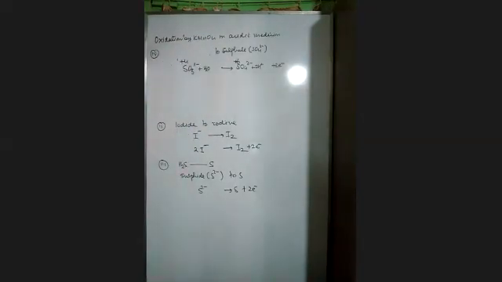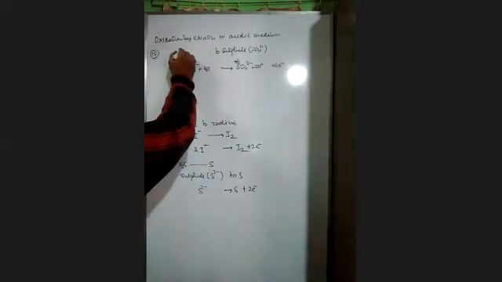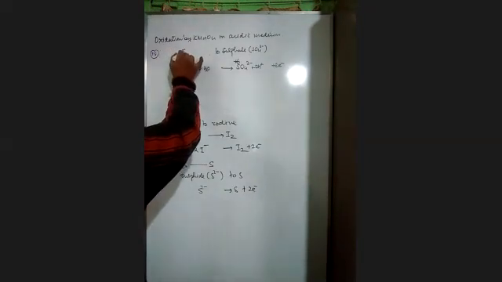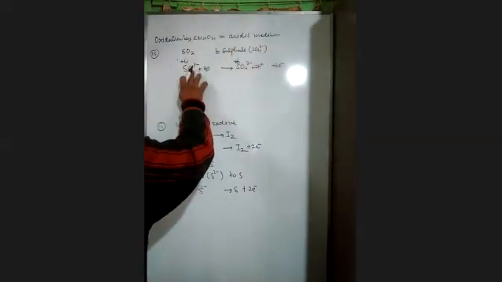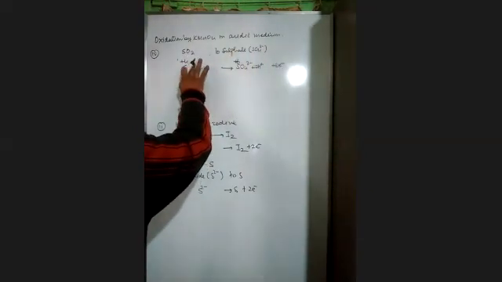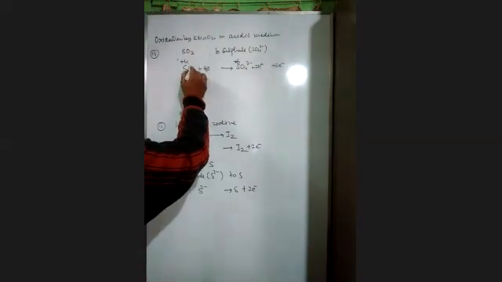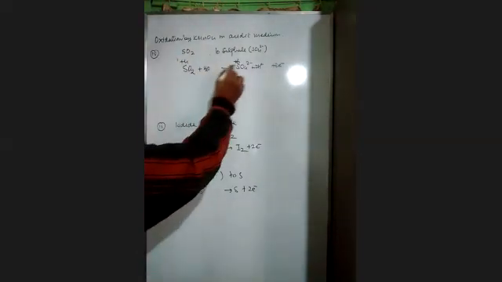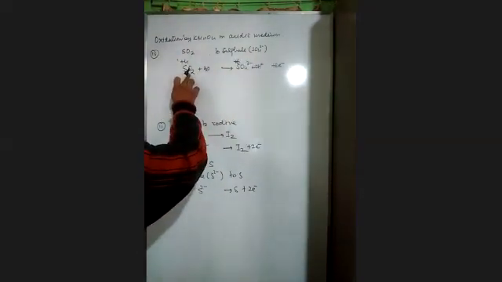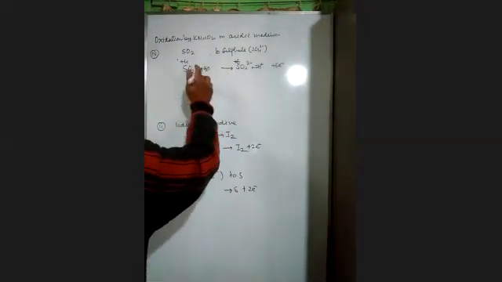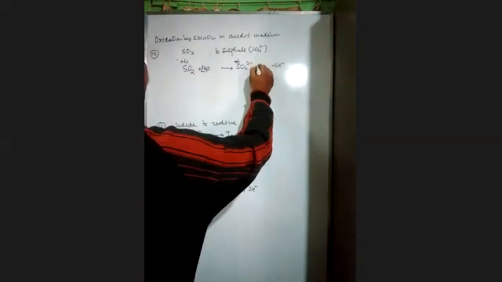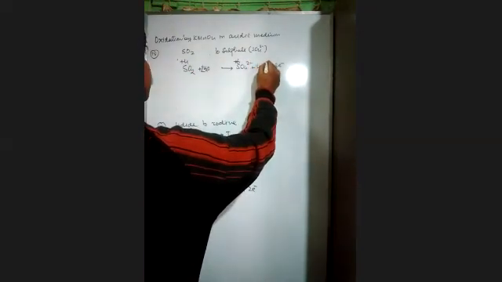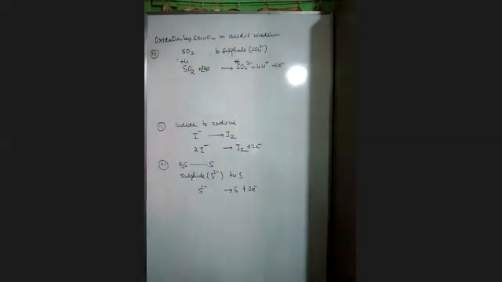What will write now here? Sulfur dioxide to sulfate. See here, everything is same, but only thing is that it is a neutral molecule. So +4 to +6. So you here 2 oxygen, here you have 4 oxygen. So you have to write here now this, and this will be 4H plus. Do it same.